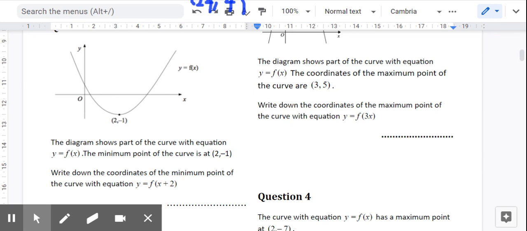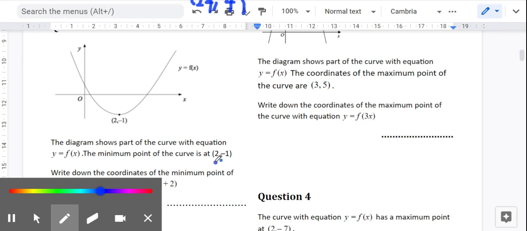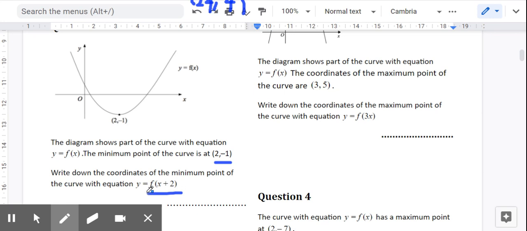Using that as an example, complete the table and then start answering the questions. Look out for the key coordinate and the transformation, in this case f of x plus 2. The transformation is inside the brackets, so the x coordinate changes, but there is no transformation outside the brackets, so y remains the same.